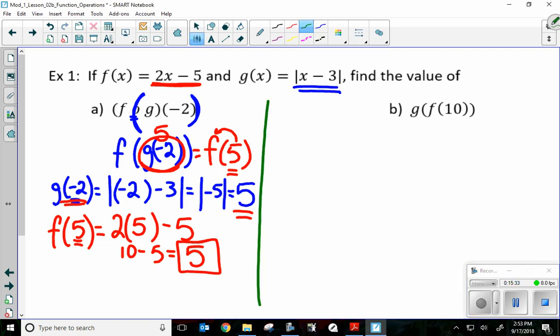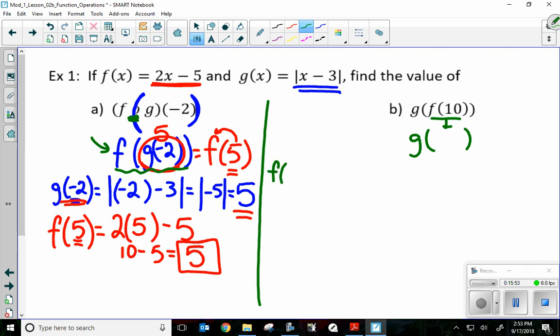Okay, this one, they give it to us in the rewritten form. They don't put a little "of" in there. They actually give it to us like how I would rewrite it. I need to figure out what f of 10 is, and that's what's going into the g function. All right, well, let's figure out f of 10.